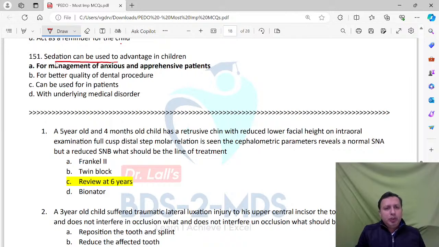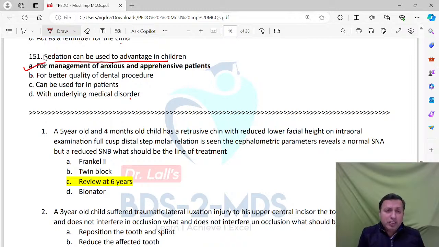Now, sedation can be used to advantage in children for management of anxious and apprehensive patients, for better quality of dental procedure, or in patients with underlying medical disorders. See, sedation is specially applied for kids who are anxious or apprehensive. If the patients have any medical disorder or systemic illness, then definitely we avoid the use of sedation.